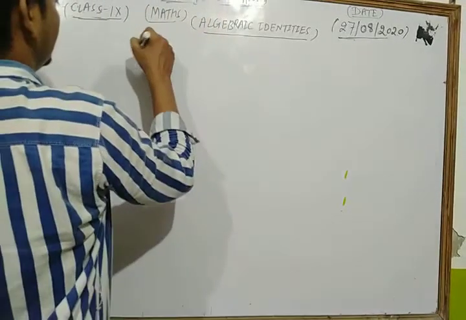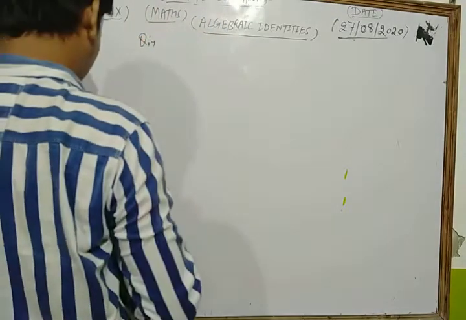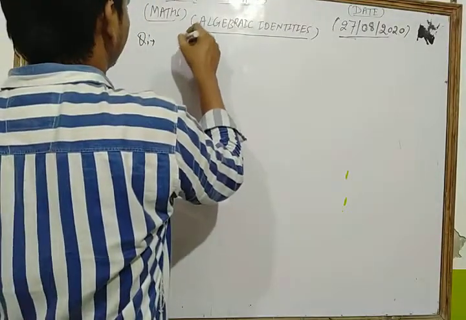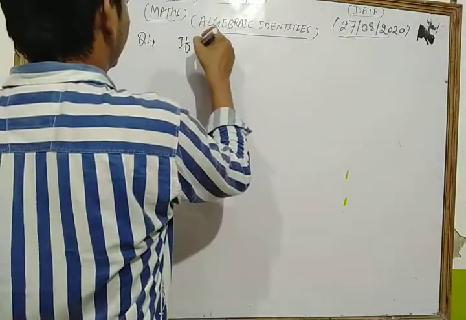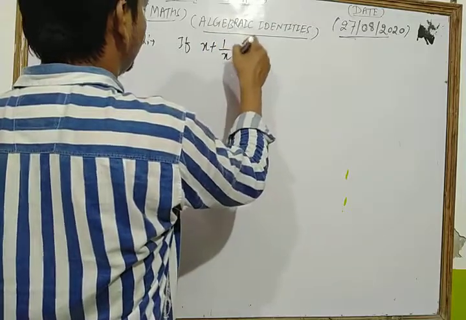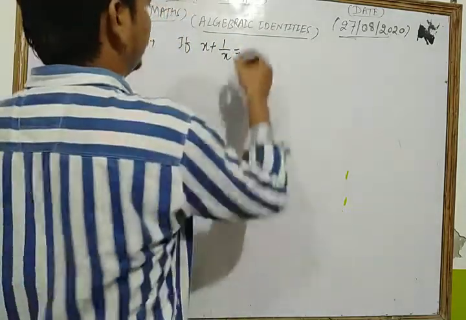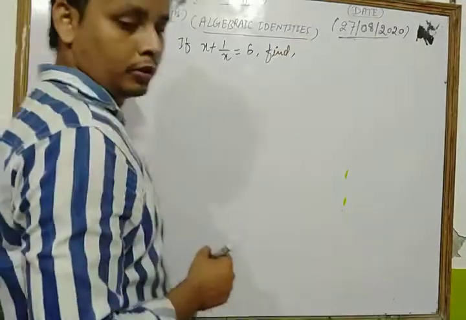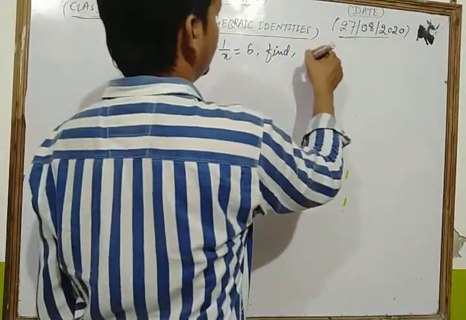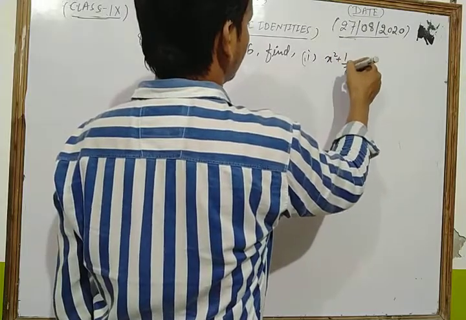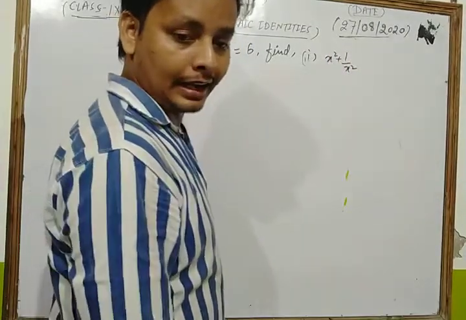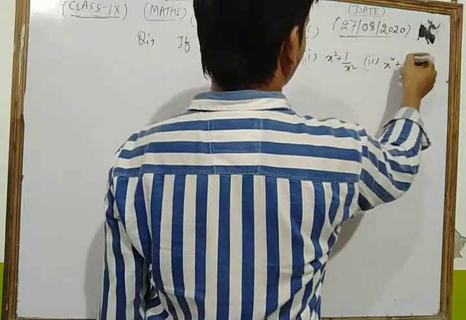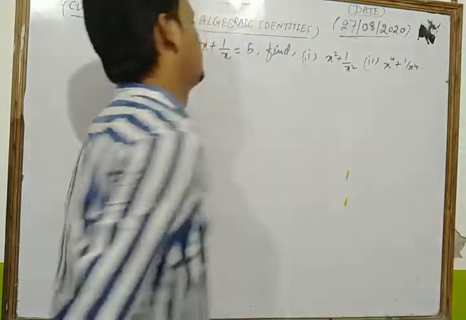Your question is: if x plus 1 upon x is equal to 6, find the value of first, x square plus 1 upon x square, and second, x to the power 4 plus 1 upon x to the power 4.